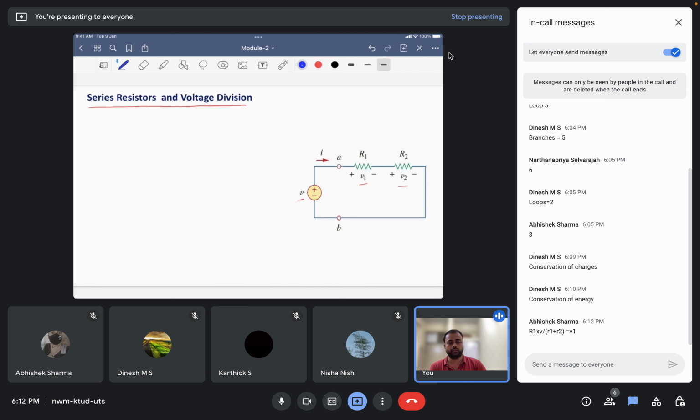Here we have only one loop. Yes, we are getting some answers. Good, everyone please try to solve this on your own. I'll solve it here for all of you.